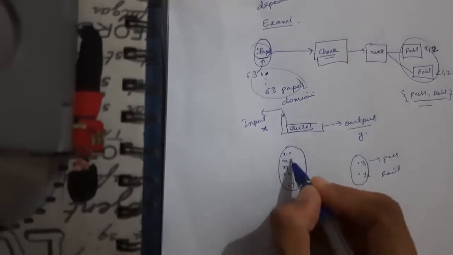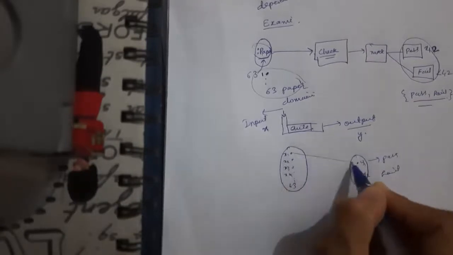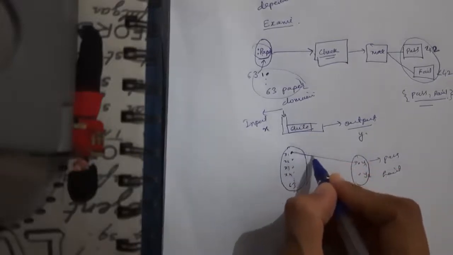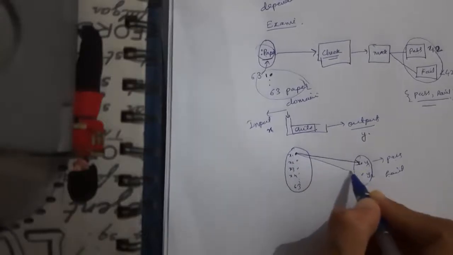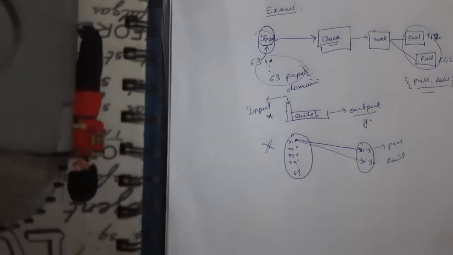Every student will get either pass or fail. But is it possible that one student gets two results, pass as well as fail? No, that's not possible. If this case happened, then it would not be a function. But this never happens. Every distinct student has a distinct output. That's why it's a function.